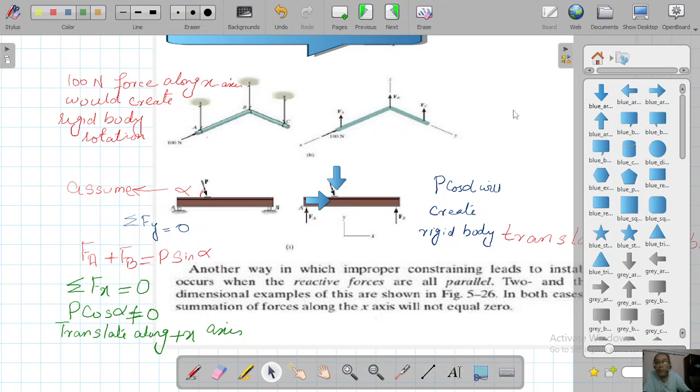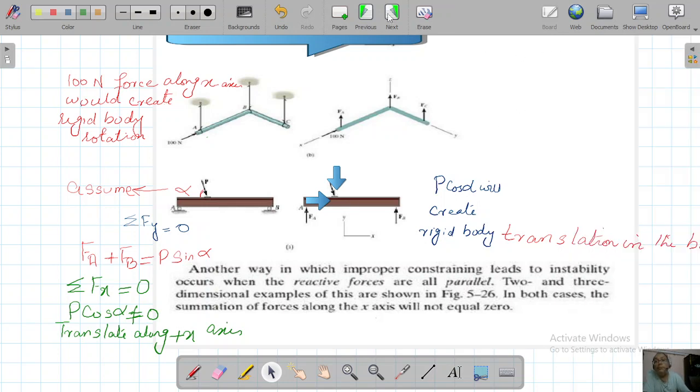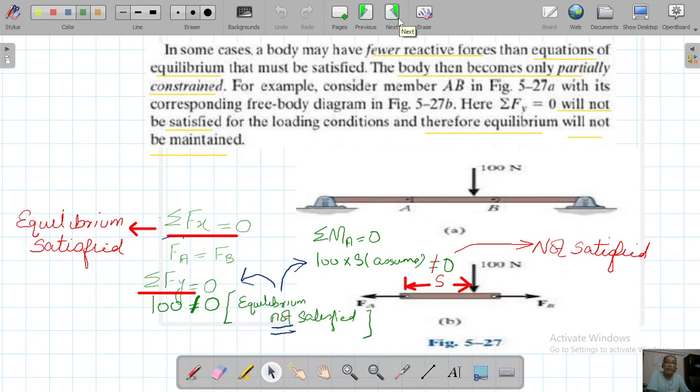Okay, so this has been understood by us. Let's go to another case. In some cases, the body may have fewer reactive forces, basically fewer supports than the equations of equilibrium that must be satisfied. The body then becomes only partially constrained.